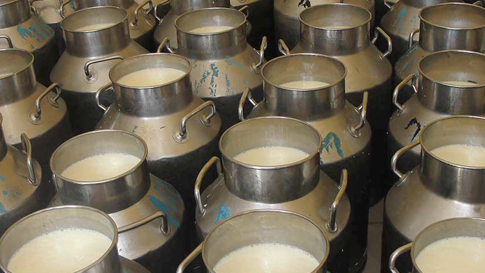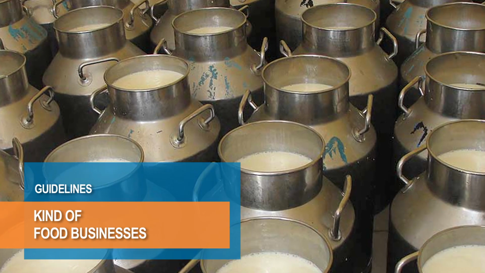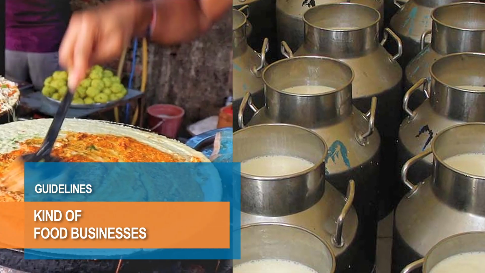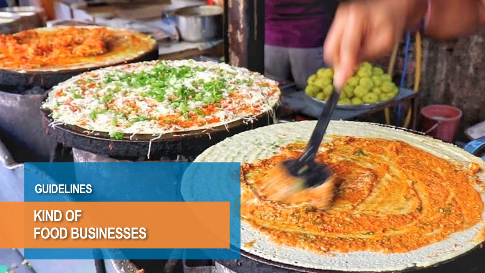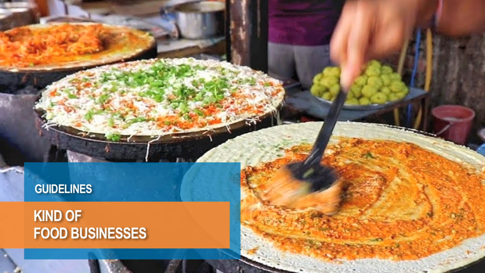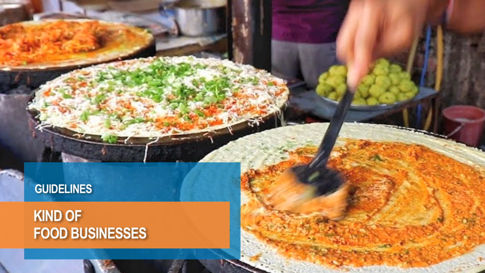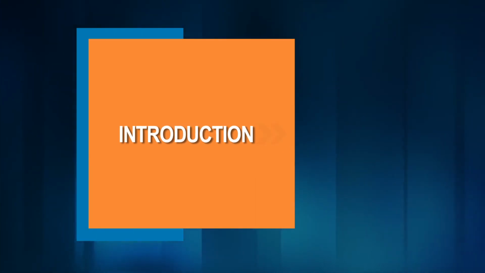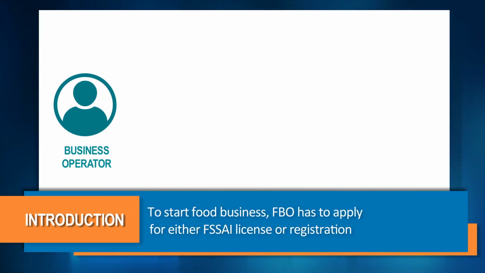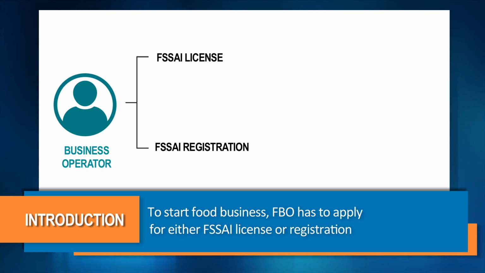In this video, we will learn about the different kinds of food businesses as per the Food Safety and Standards, Licensing and Registration of Food Businesses, Regulation 2011. When a food business operator intends to start a food business, then they have to apply for either an FSSAI license or registration.